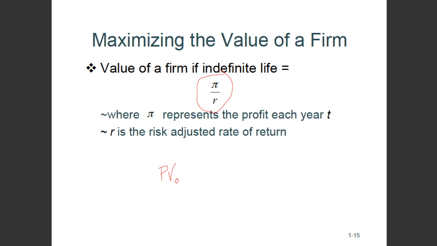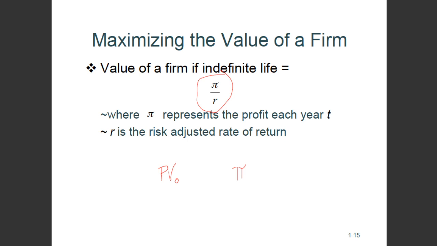I just want to use the same symbols so you're not confused. So that would be the present value of the firm, or the price. And let's say the profits in each period are the same. Notice that's the other assumption here.